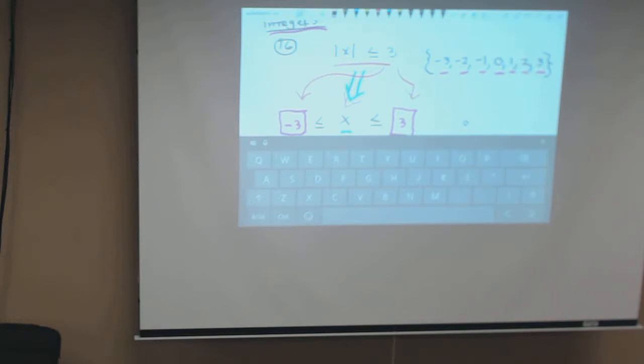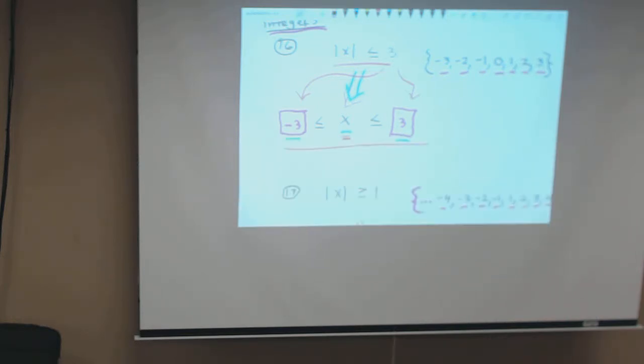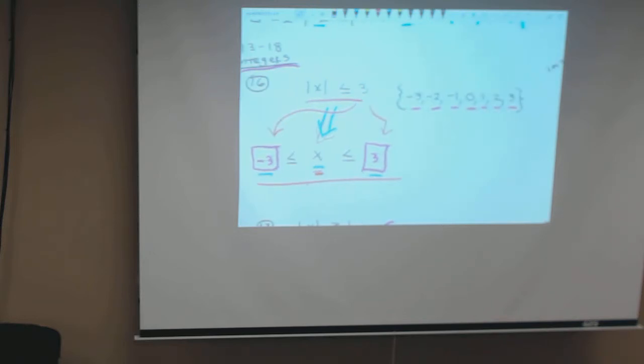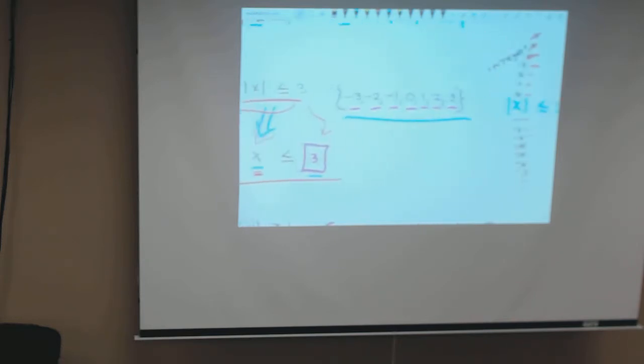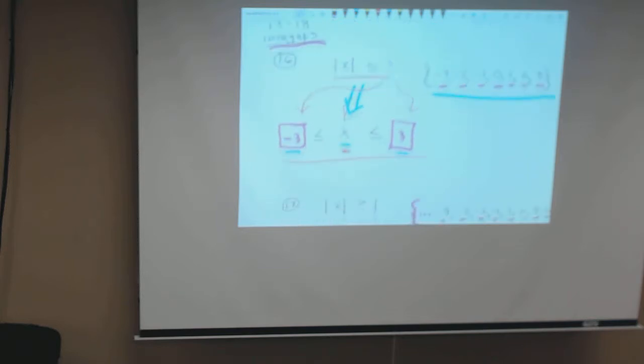Find a set of integers. So that means they just want me to put it in the set notation. And there it is. The set whose elements are -3, -2, -1, 0, 1, 2, and 3. You follow me? And you see how I came over here and found those by listing them all and working through it.